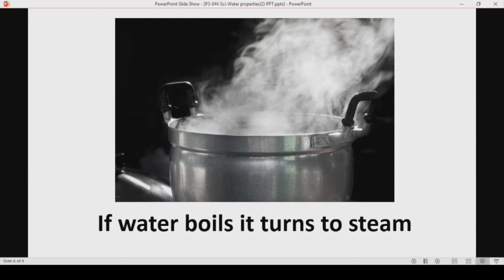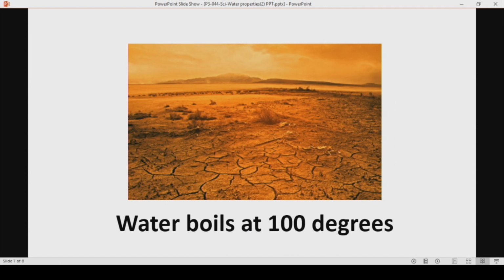Steam. Because when the water boils, it gets so hot, it turns into steam. So if water boils, it turns to steam. Water boils at 100 degrees.